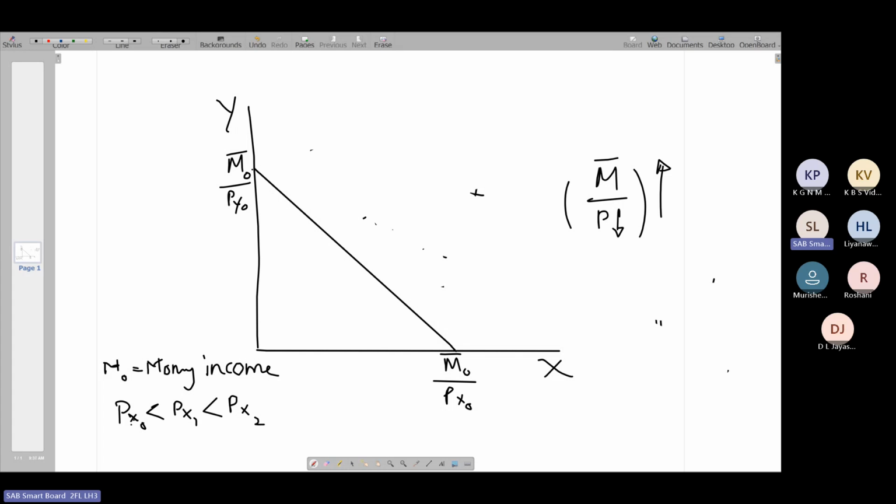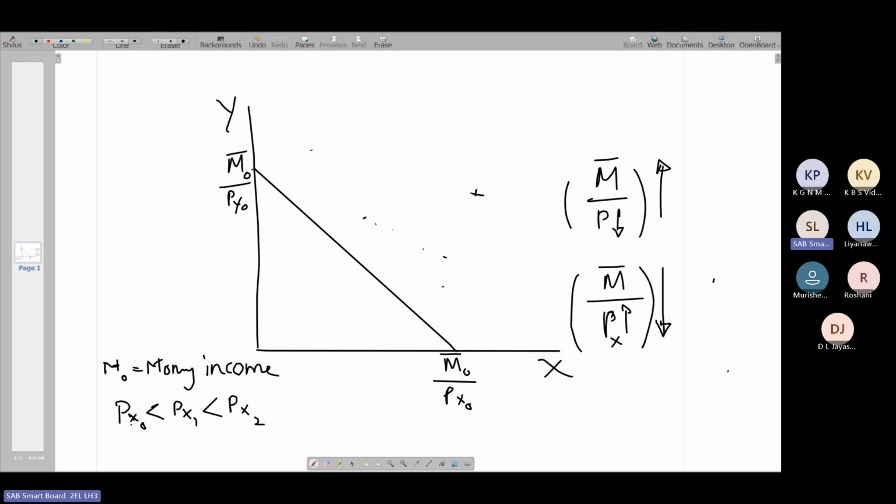So if there is an increase in the price, as we mentioned here, money income is fixed. If the price of, let's say, X increases, that means real income decreases, and the quantity that we can consume or demand decreases. So it rotates to the left.